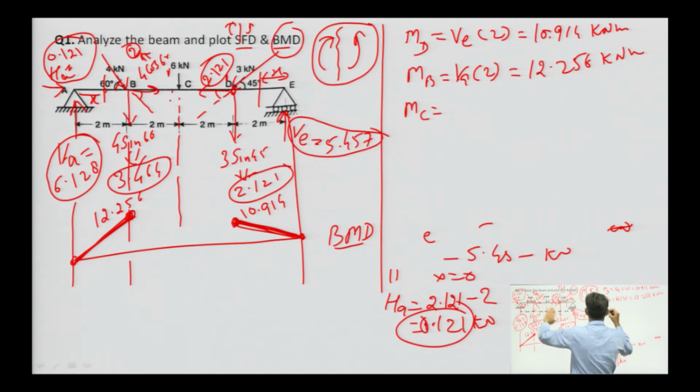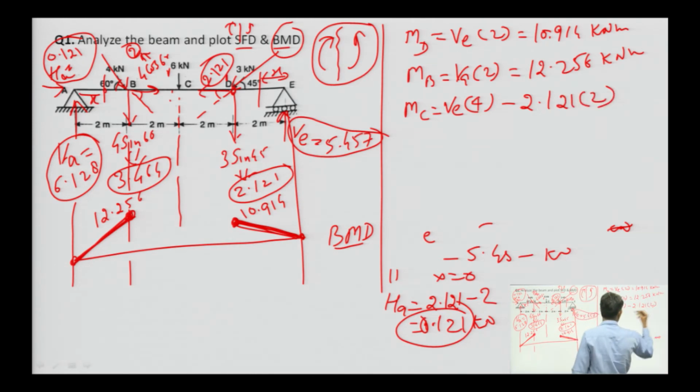So, it is VE into the perpendicular distance 4, V into 4 minus 2.121 multiplied by perpendicular distance 2, right. So, what is that value?